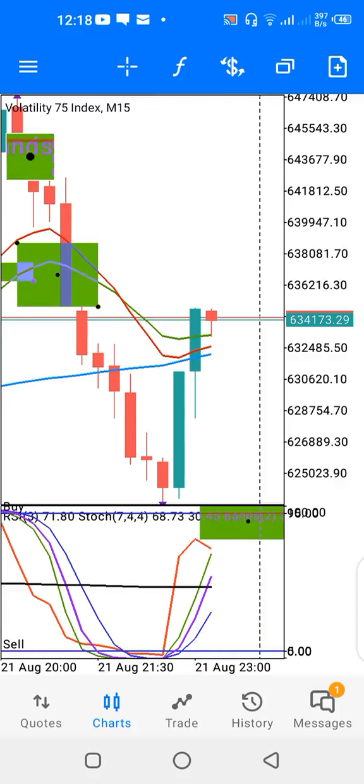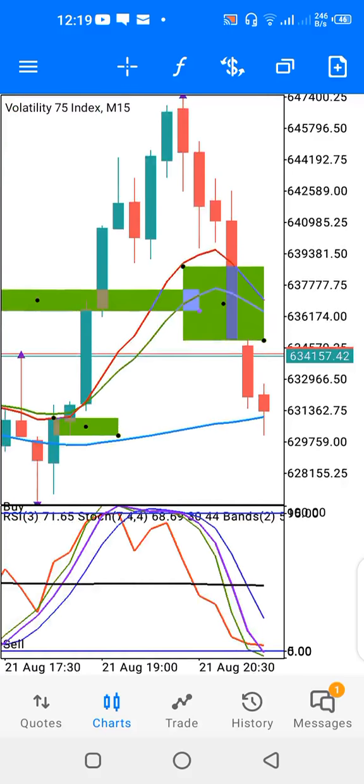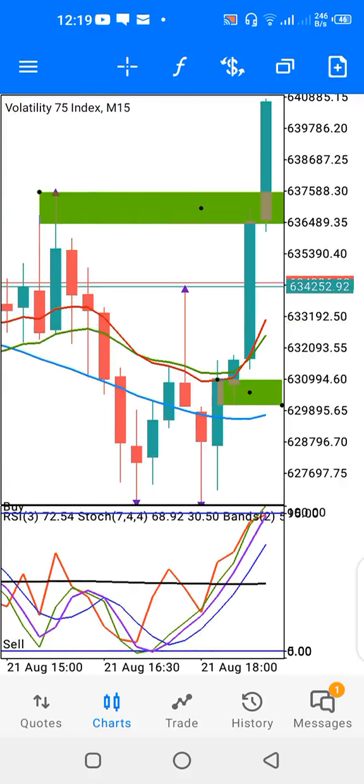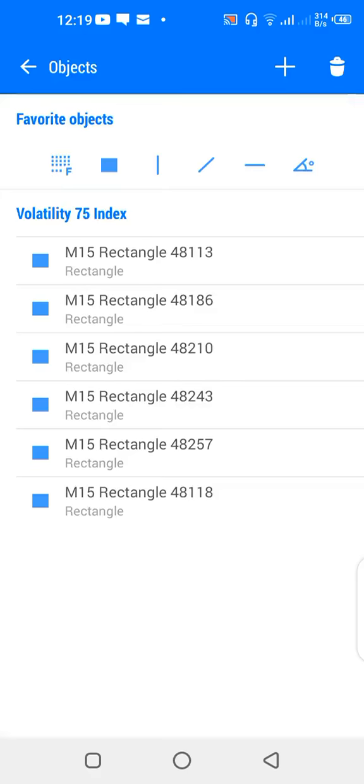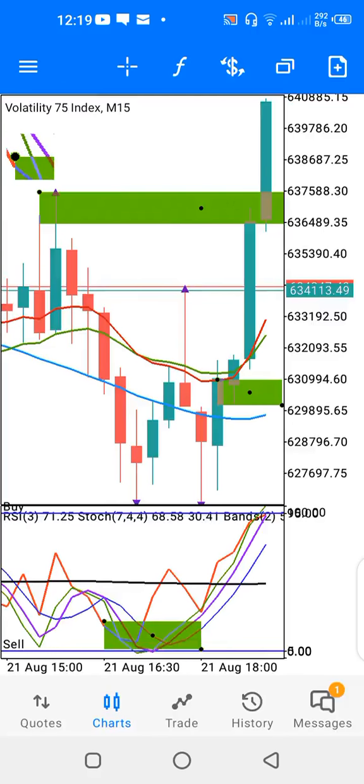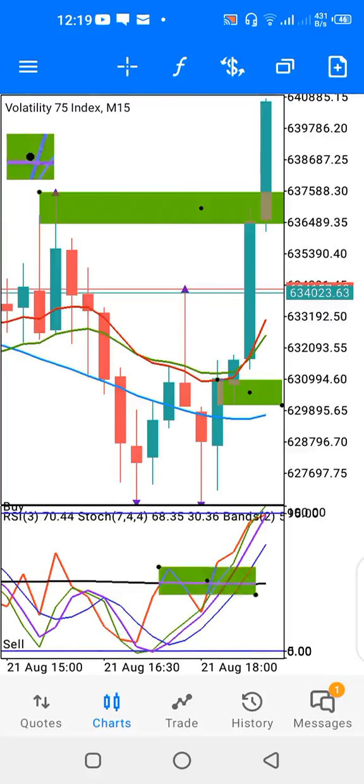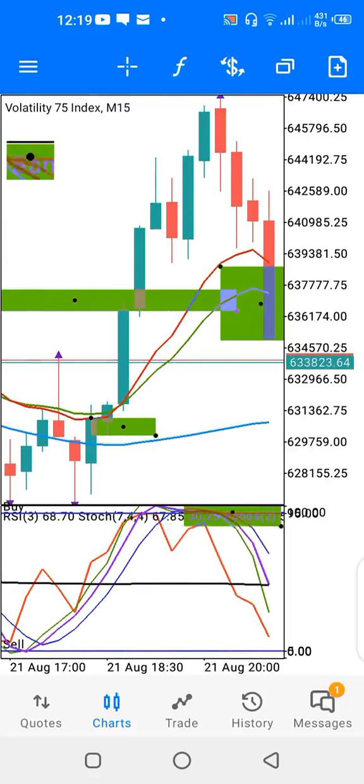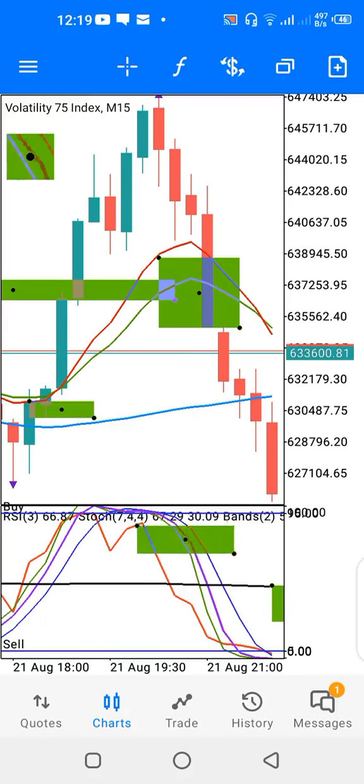Of course, when it gets to the top, start to look for how to place your sell trades. Like you have around here, you look for how to place your buy trades around here, and as it gets to the top, you start to look for when price will start to drop, where you start to sell.